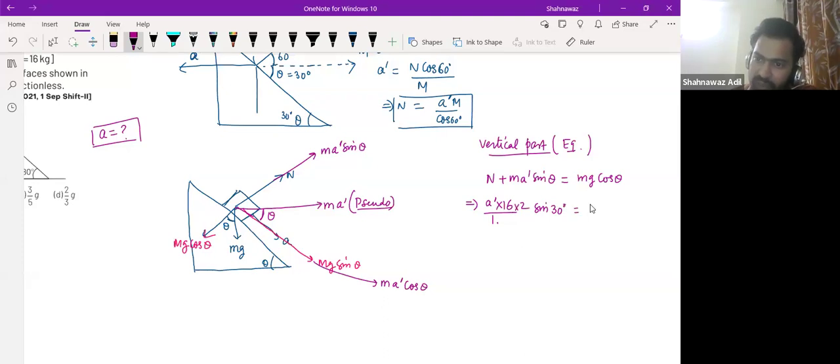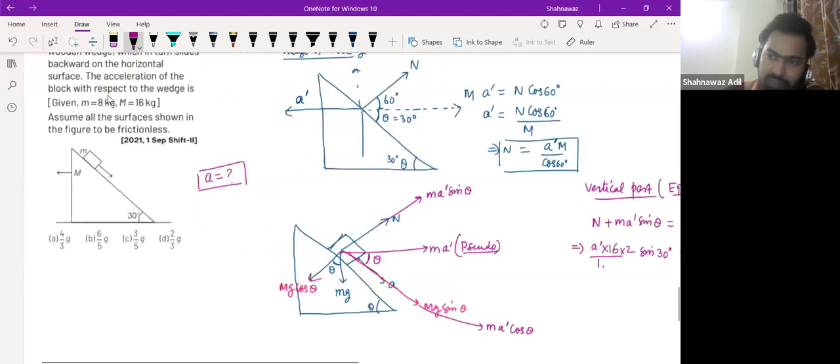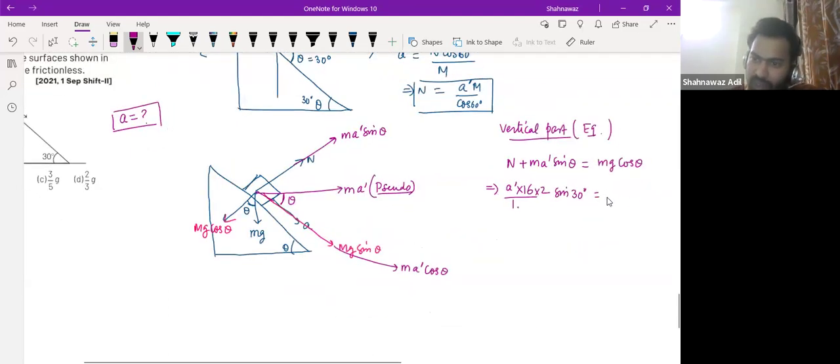And then we have mg. So mass of this small thing is how much? 8. So 8 into 10 into cos 30. So how much is this thing? A prime, then 16, and then 2, and then 1 by 2.